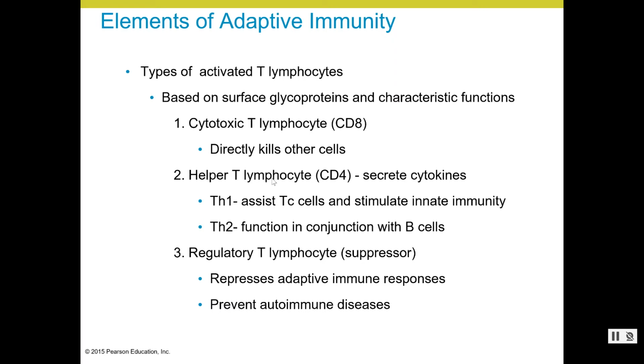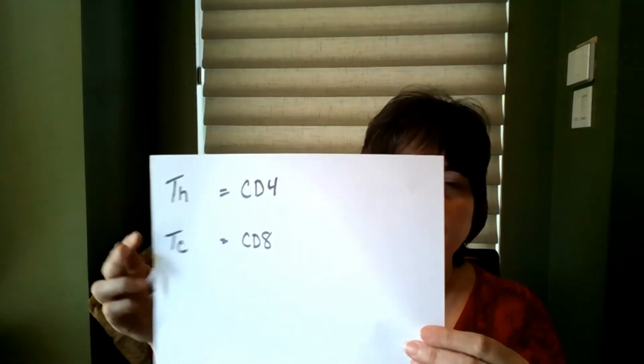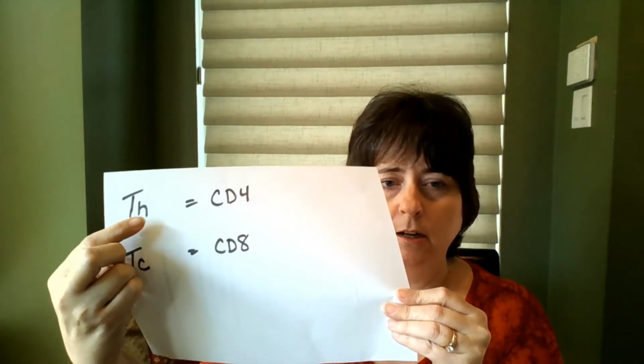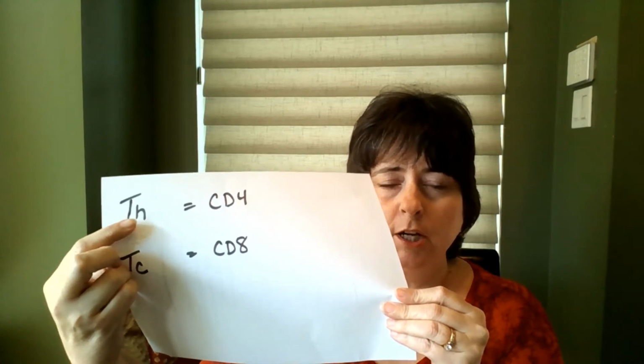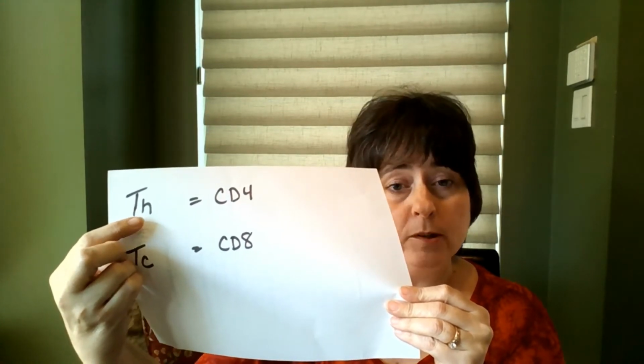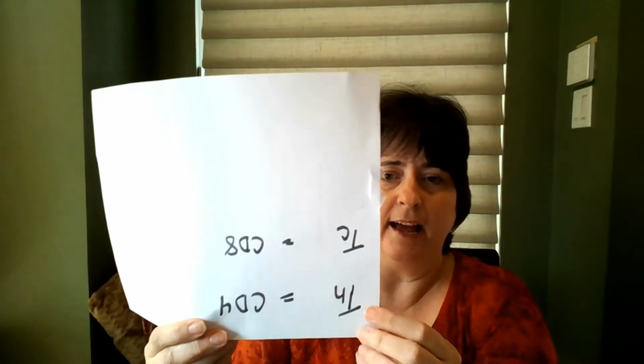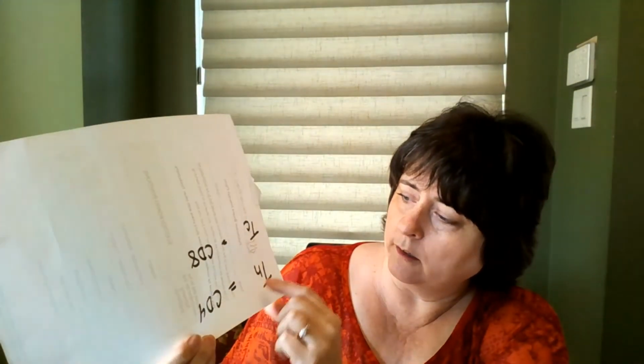Now, helper T cells are called helper T cells because they produce a different protein called CD4. And I remember this is just my little trick. T helper cells, the T and then H, a lot of times you'll see a T followed by a lowercase h to denote helper T cells. If I take this H and I turn it upside down, it looks like a 4.